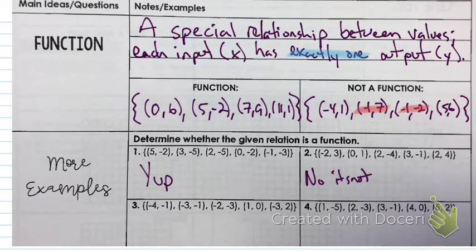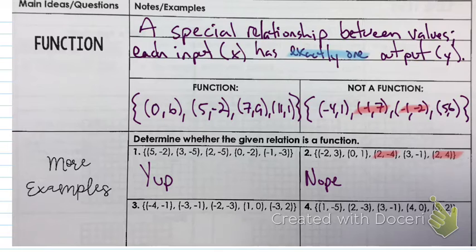Yeah, then it would be a function. I wrote no, it's not. So the reason again here is I have domain 2 with two different ranges. I like how Braden pointed that out. If this over here said 2, -4, then it would be a function because domain 2 would have the same output.